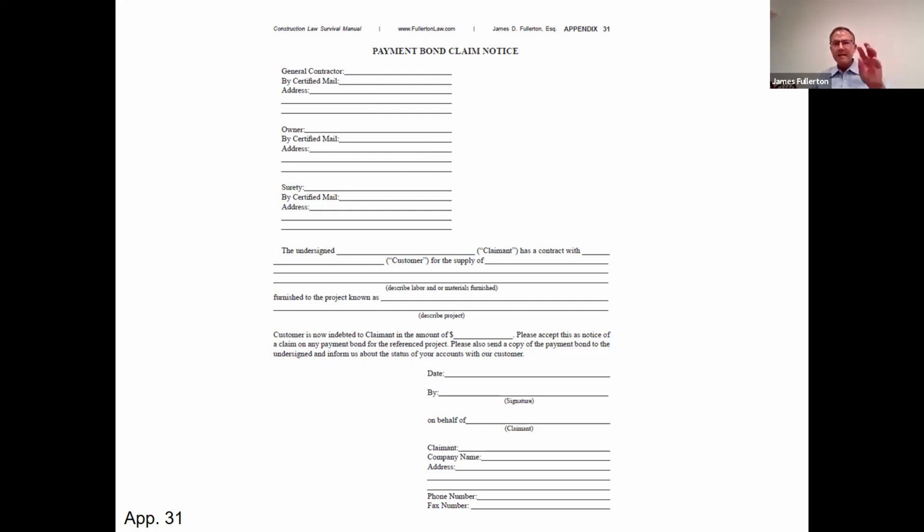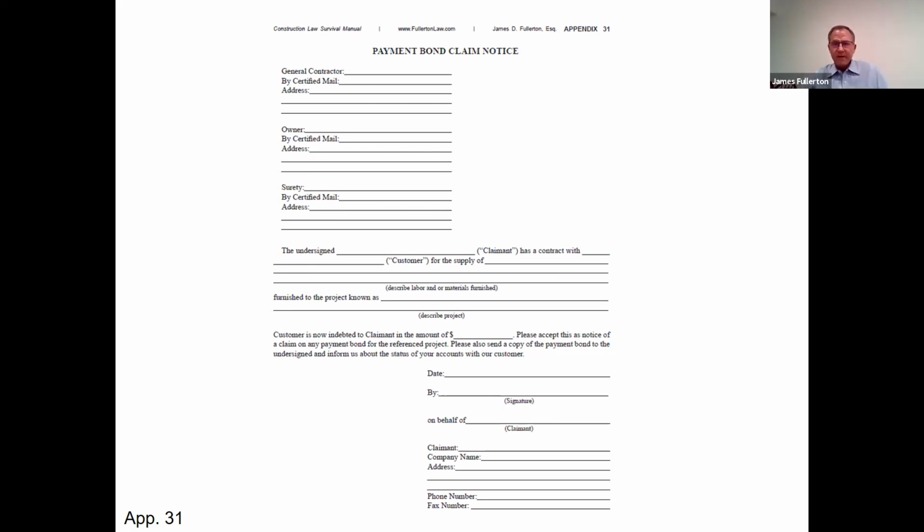If you can contact the owner, the surety, the general contractor, the architect, the engineer early when you're getting payment problems, bond claim notices are pretty simple. You don't really need a lawyer. If you're owed 100 grand plus on a project, you probably want to call us to make sure your bond claim's in order.